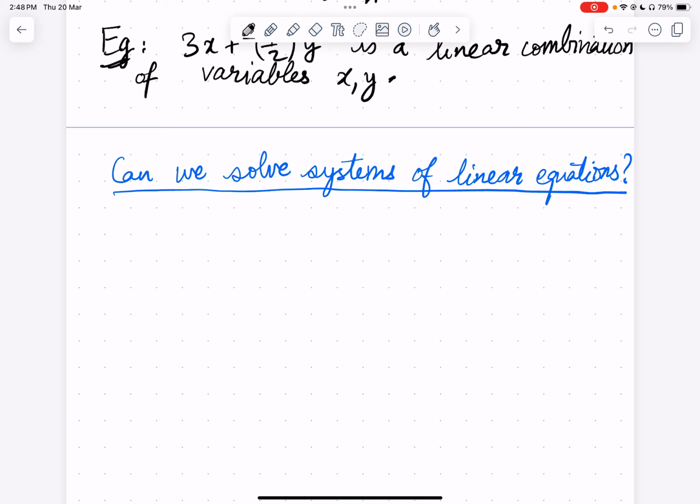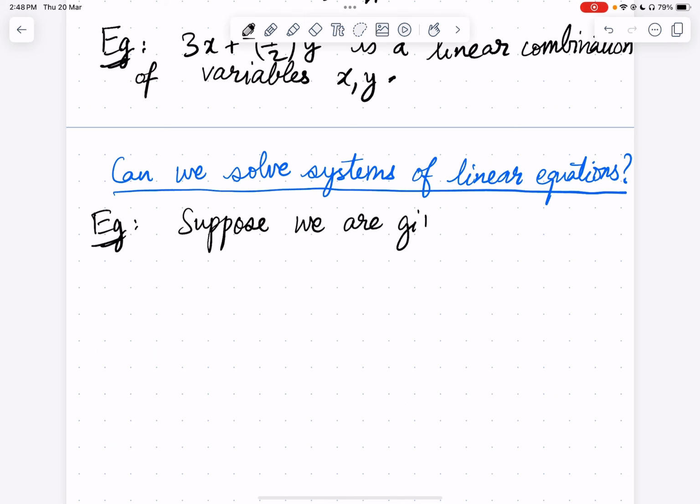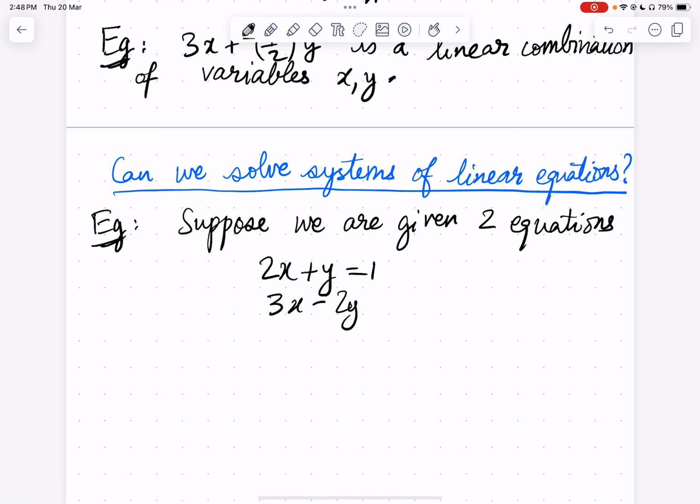So for example, suppose we are given two equations, 2x plus y equals 1 and 3x minus 2y equals 4.